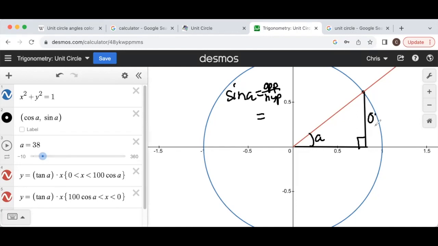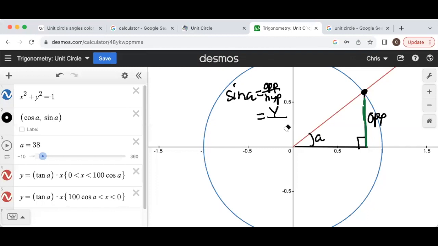Well, the opposite side is the same thing as the y coordinate of this point. Because think about it, the y coordinate of this point is how high the point is. And how high is the point? Well, whatever this distance is, the opposite side, right? So they're the same thing. So opposite over hypotenuse is the y coordinate over the hypotenuse. But what's the hypotenuse?